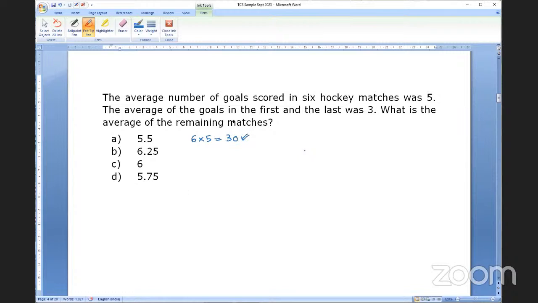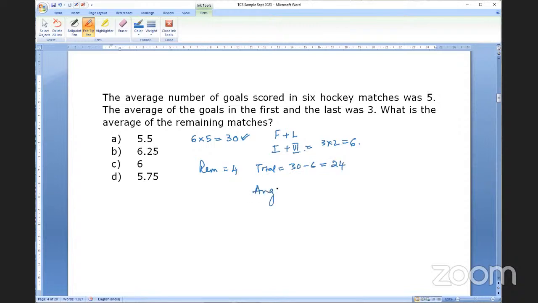The average of the goals in the first and the last match was 3. So first match and last match, that means first match and sixth match, total is 3 into 2, that is 6. What is the average of the remaining matches? Remaining matches are 4, and the total of the remaining matches is 30 minus 6, that is 24.